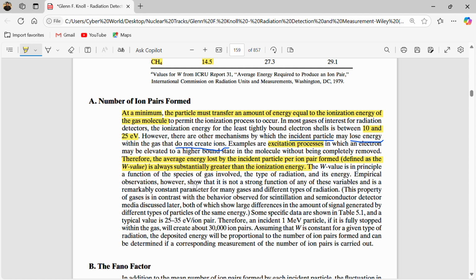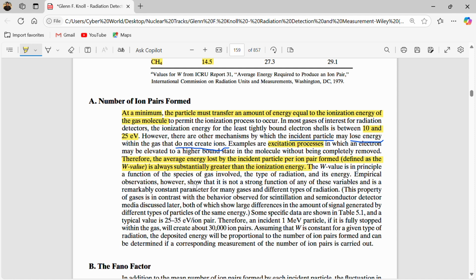The W value is in principle a function of the species of gas involved, the type of radiation, and its energy. Empirical observation, however, shows that it is not a strong function of any of these variables, and it is a remarkably constant parameter for many gases.